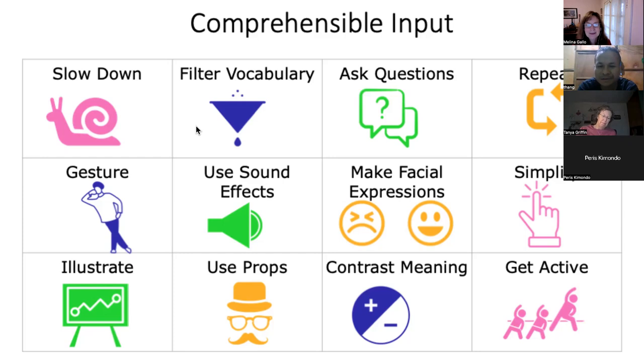And the last one that is really helpful is to get active, get your students moving around the room, get yourself moving around the room, using gestures. If you're teaching the word walk, when we're on Zoom, I have to teach the word walk like this.